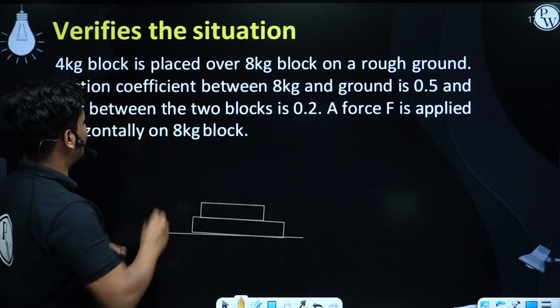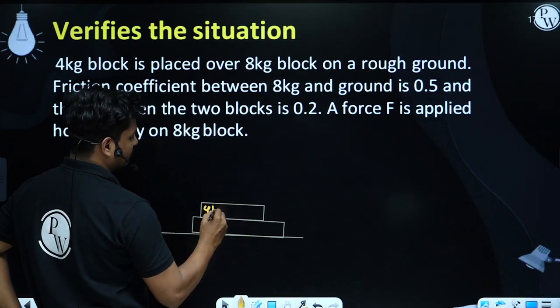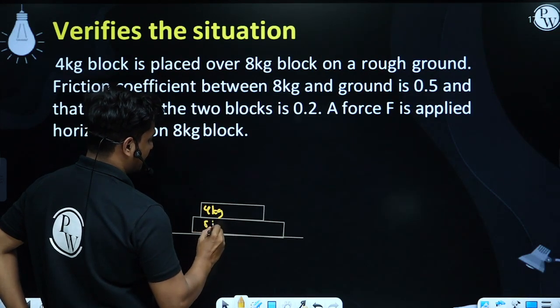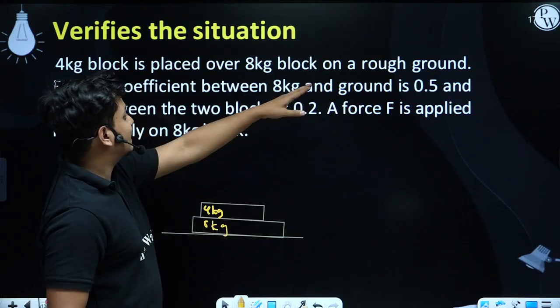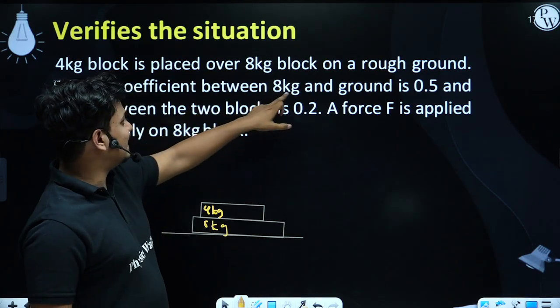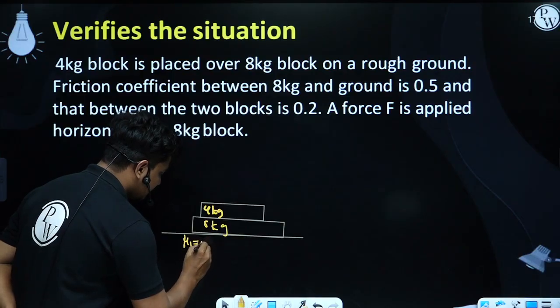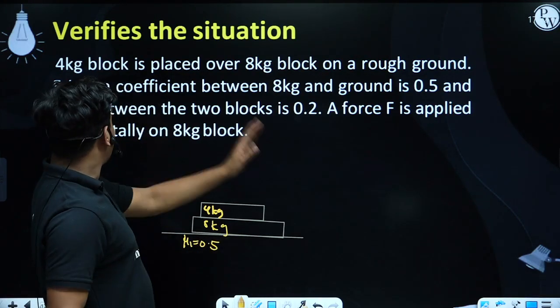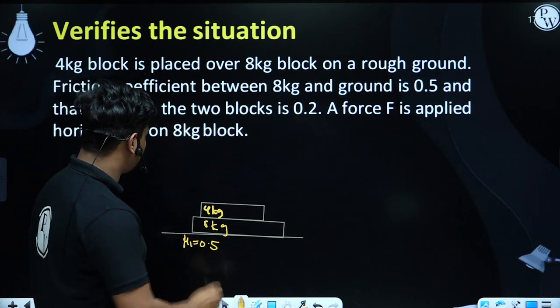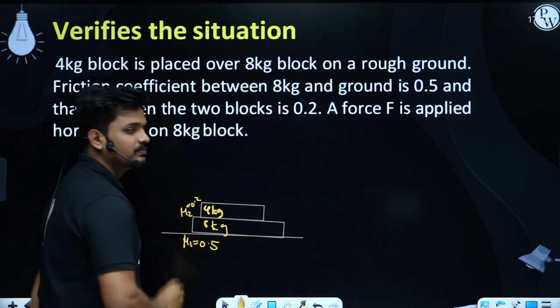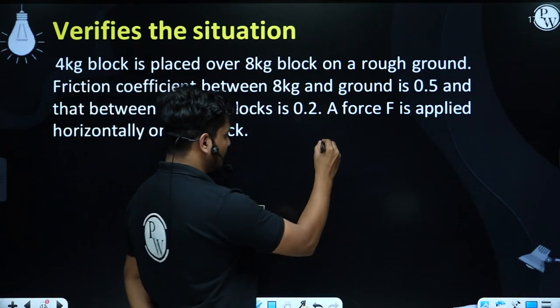A 4 kg block is placed over an 8 kg block on rough ground. The friction coefficient between the 8 kg block and the ground is 0.5. That means mu1 is given, equal to 0.5. And between the two blocks it is 0.2, so mu2 is also given as 0.2. Now find the F1 value.